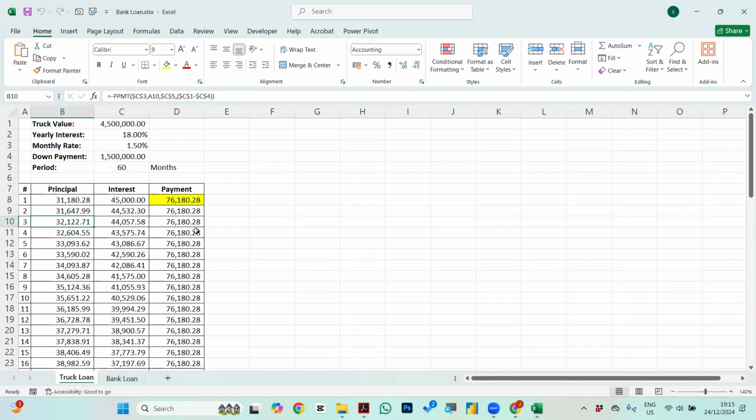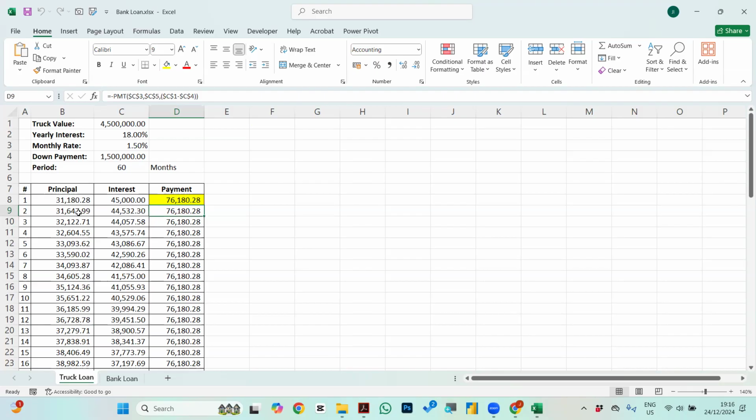At the moment, we are paying 76,180.28 every month, out of which the interest and the principal amount change. When we record the loan, we record it as a long-term non-current liability as credit, and bank as debit. That's how we recorded the initial loan.